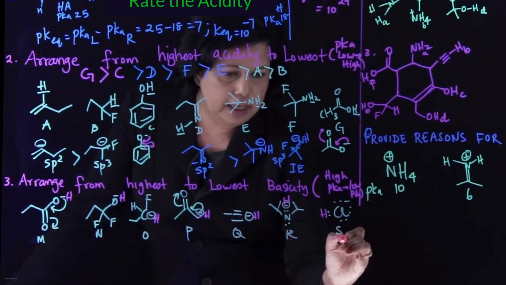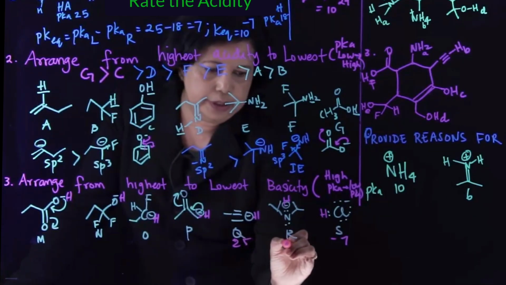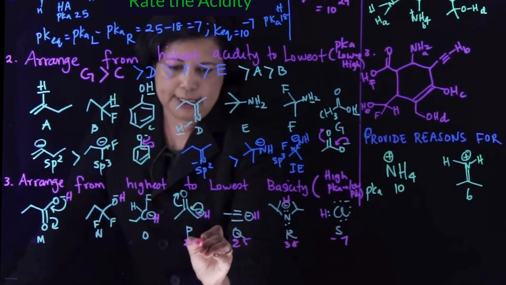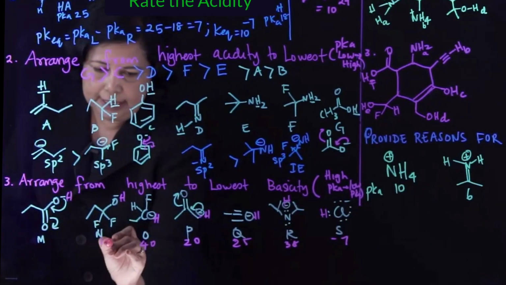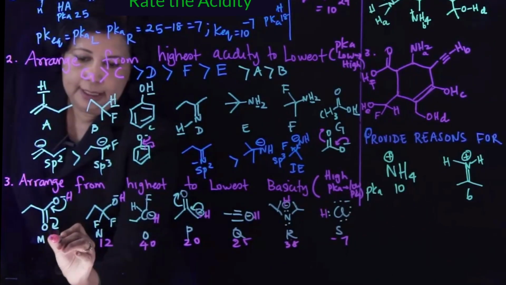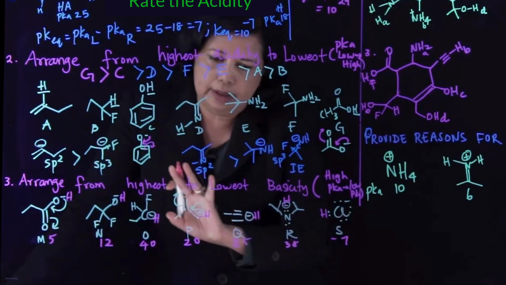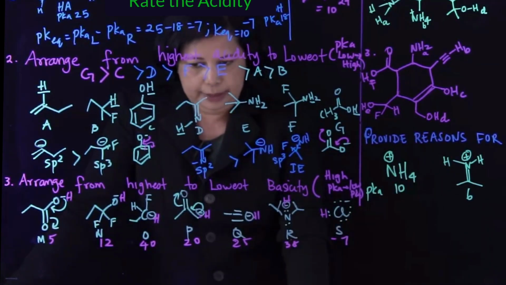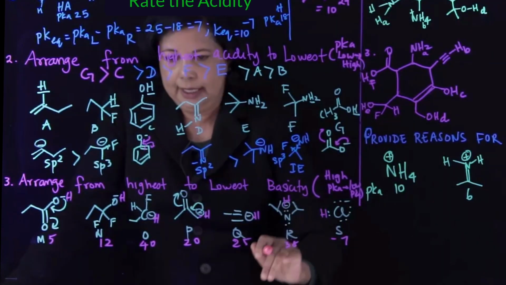So this is going to be -7, 25, 38, 20, this is 40, this is about 12, it's going to drop from about 16, and this is about 5, just a ballpark number. So we can arrange them according to our pKa values, or we can use our reasoning, either one.